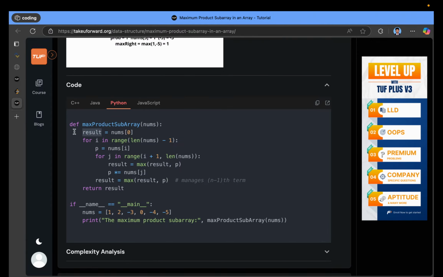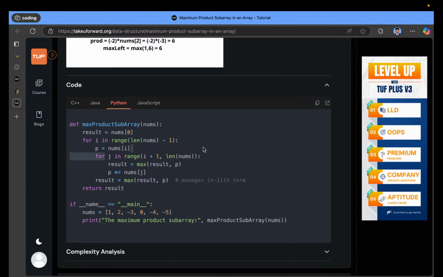Let's go with the question. def maxProduct of array nums. Result is equal to nums 0. For i in range, length of nums, p is equal to nums i. For j in range, i plus 1 to length of nums. The thing that I don't understand here is that this guy just stored the result here. Okay, no problem. And then he starts his loop. Then he stores nums i.